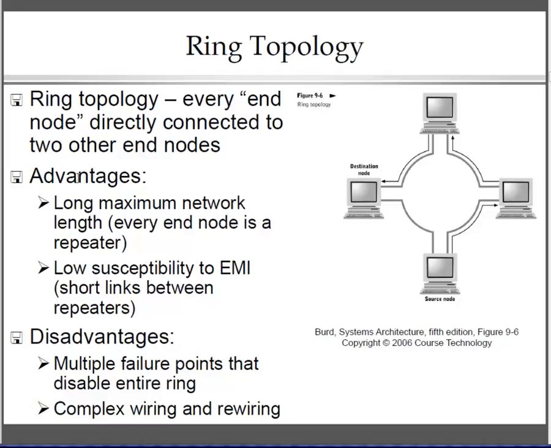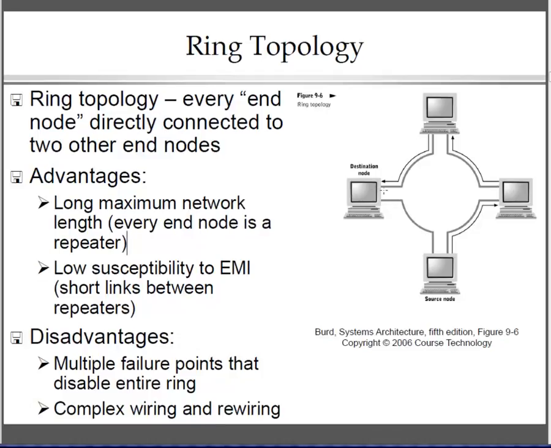Okay, advantages of this. Well, first is you can actually get a fairly long maximum network length here, because each one of these connections is relatively short, and each node here is what's called a repeater, and we'll define that in Chapter 8.